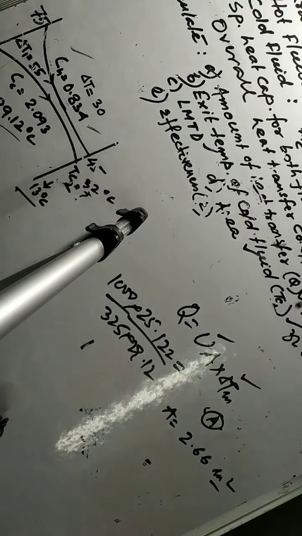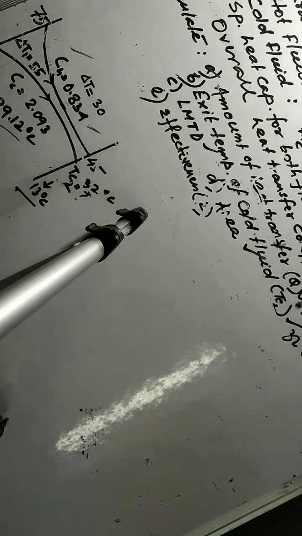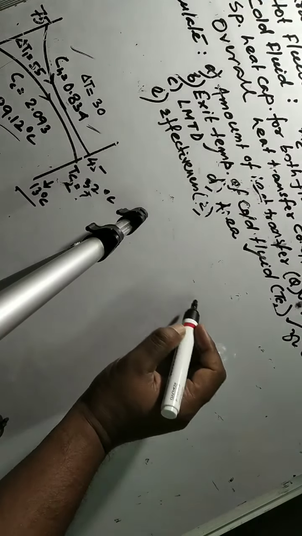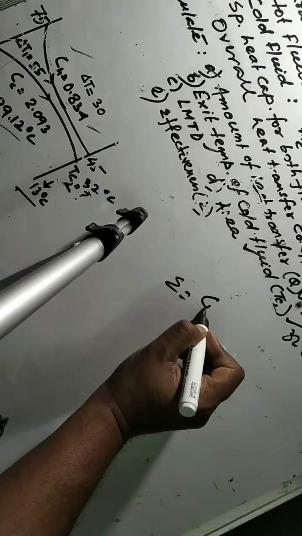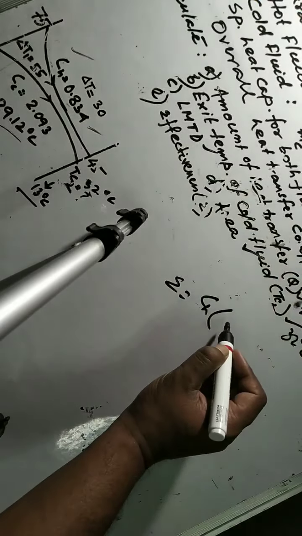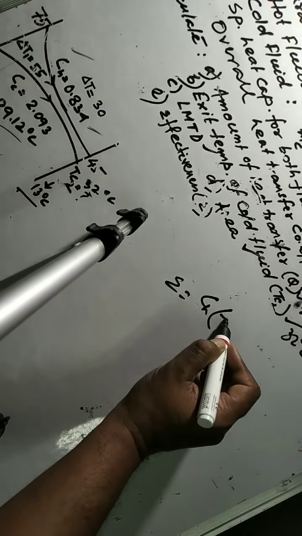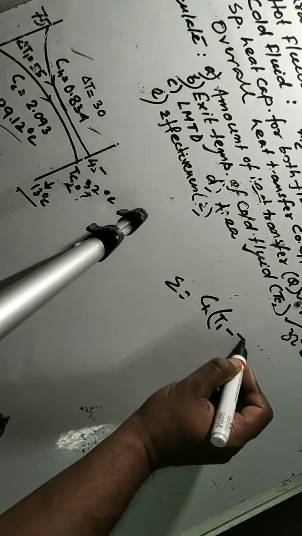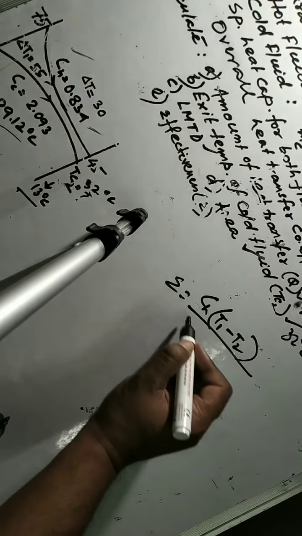Now the last one is effectiveness. Effectiveness you can also calculate. What is the effectiveness? Actual heat transfer by maximum possible heat transfer. Actual heat transfer I will take from the hot fluid, that is how much temperature it lost.